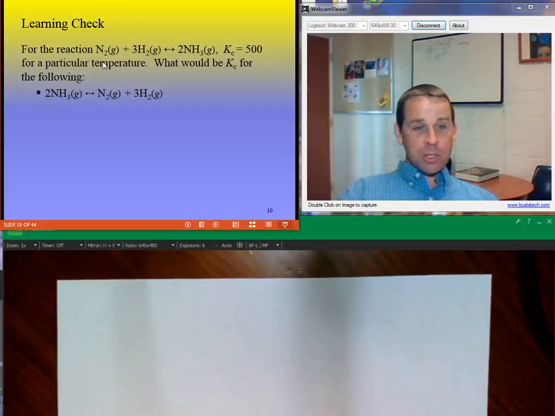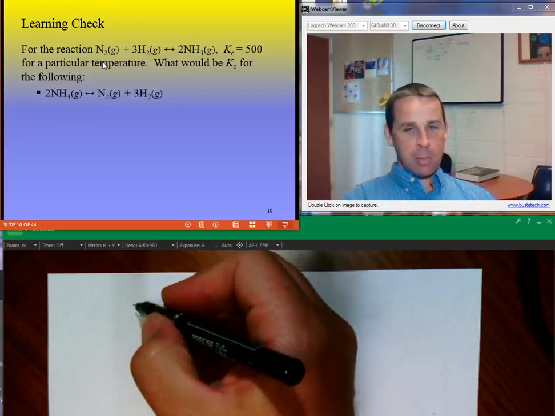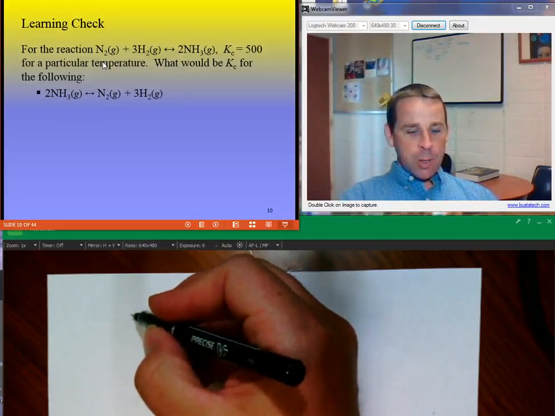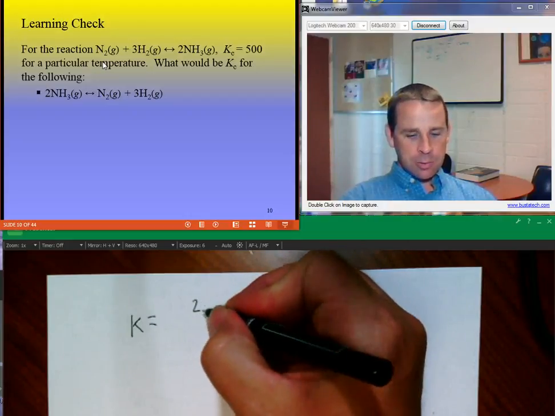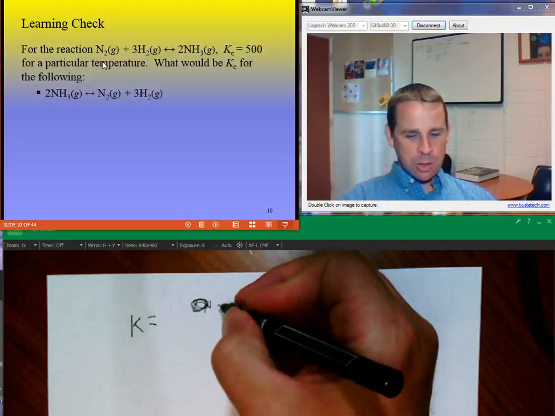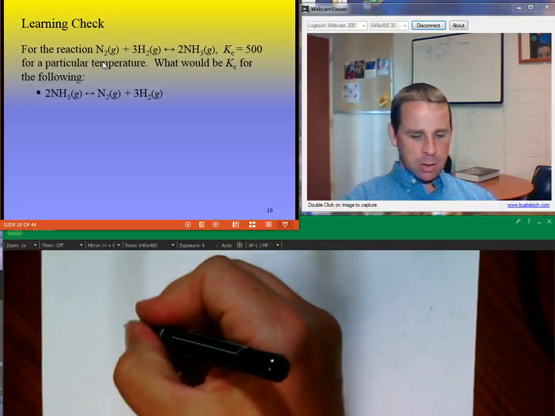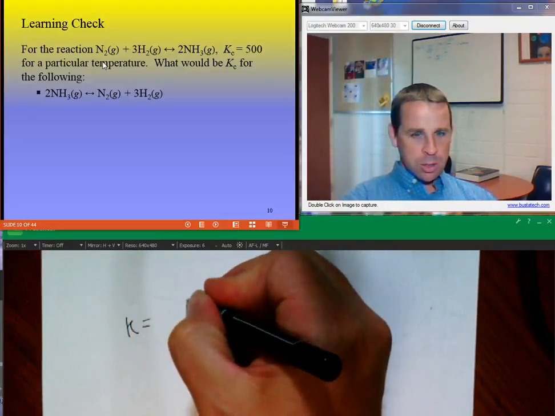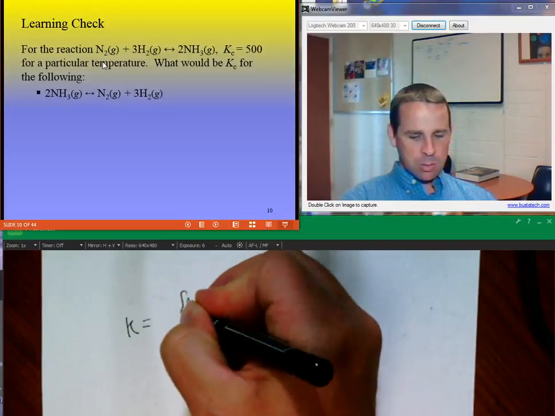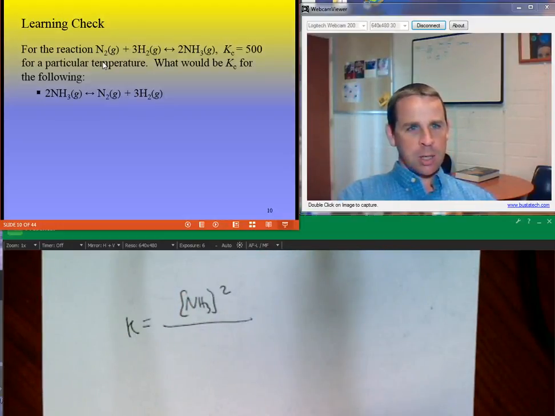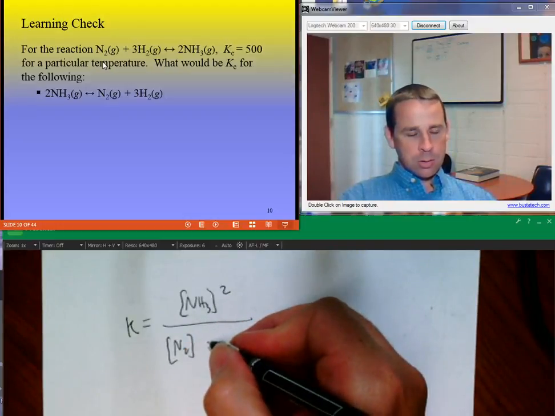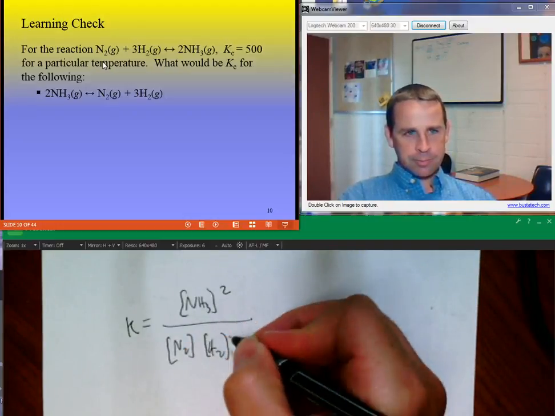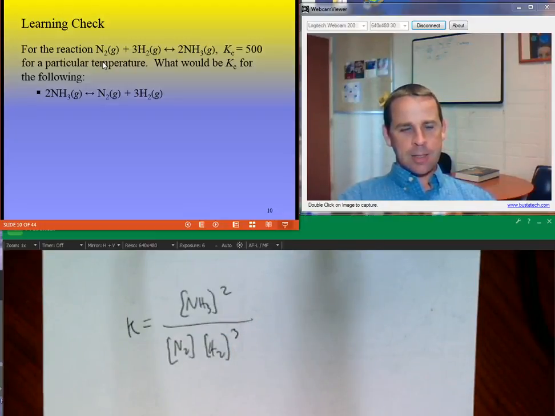Push pause if you haven't taken a stab at it yet. If we write the K for this expression, it's the concentration of products, let me try again here. K equals the concentration of the product, NH3, raised to its coefficient, over the concentration of the reactants, raised to their coefficients. That's the K for this top reaction here.